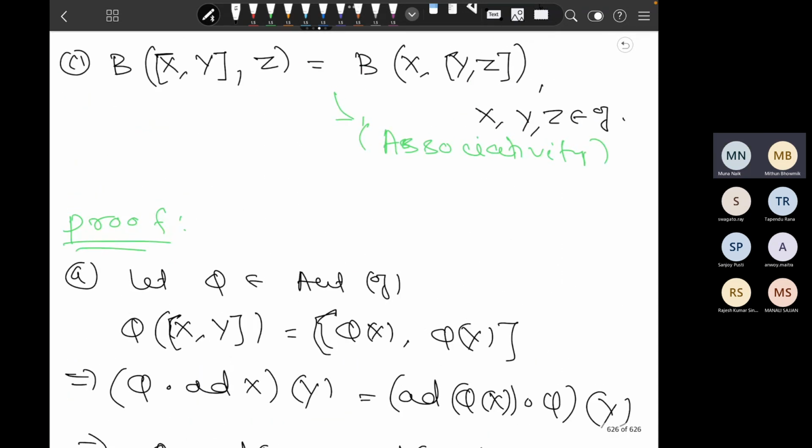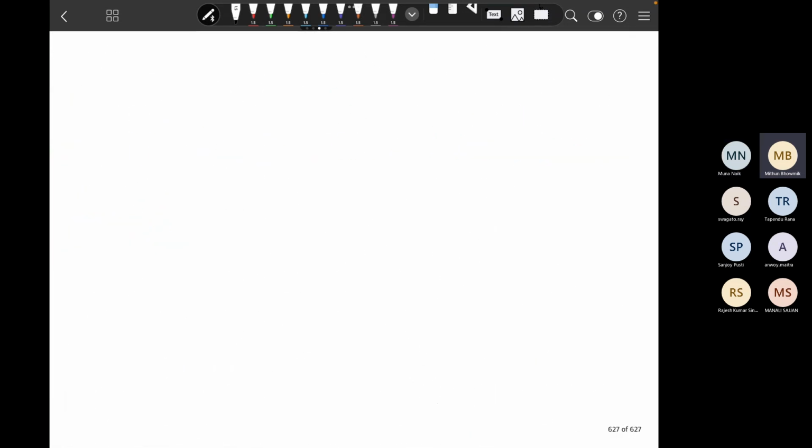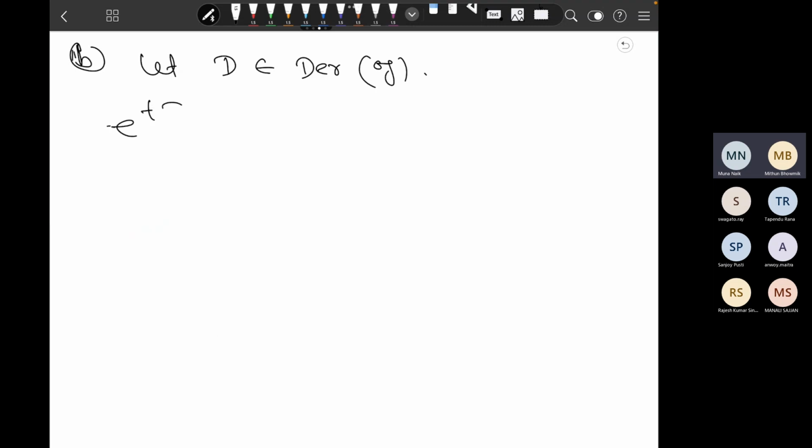Now I will do the proof of B. So B. Let D belong to the derivations of G. Then e to the power tD, and the derivation algebra of G is the Lie algebra of the automorphism group of G, right?